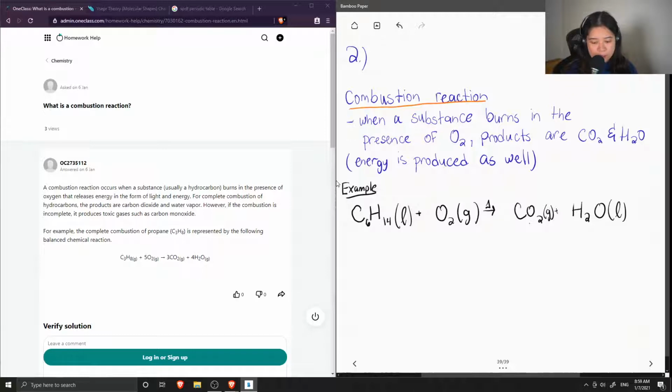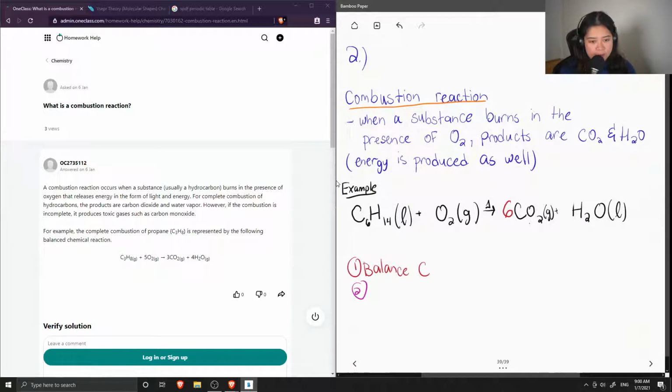Okay, so now let's try to balance this equation. I like to first balance my carbons, since carbon is only present in the hexane and only in the carbon dioxide. So I'll put a coefficient of 6 in front of CO2.